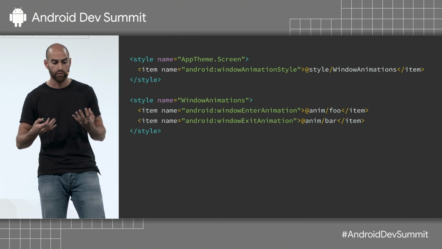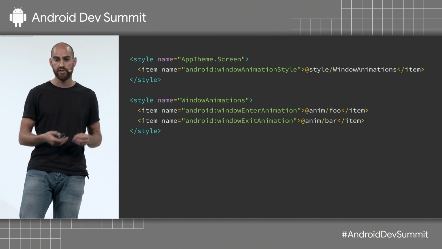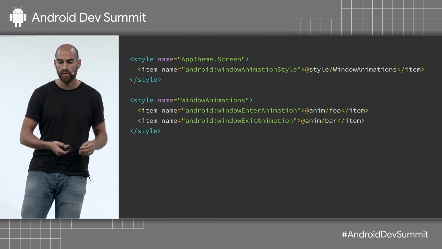I'd say deprecated, except there is actually one single use case I can think of where you still have to use it. And that is when you're doing window animations. When a new activity launches, this API only accepts this type of window animation because it existed from API 1.